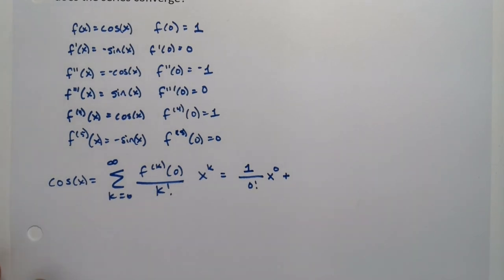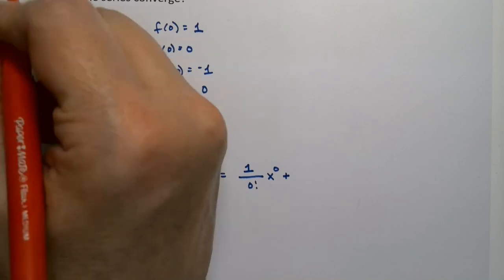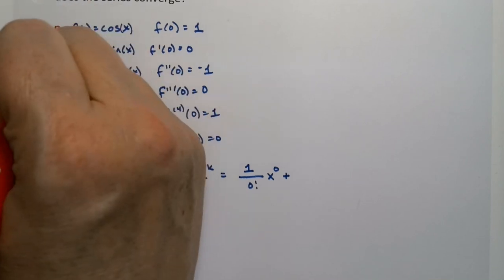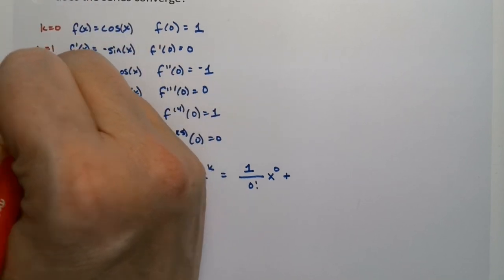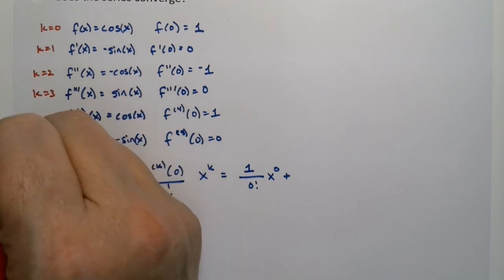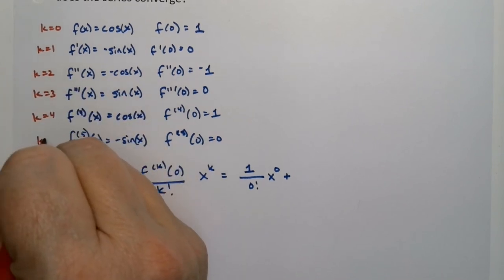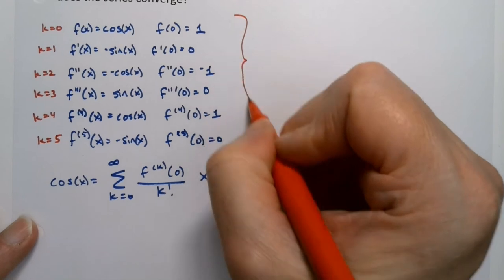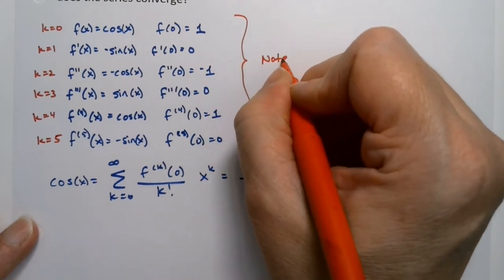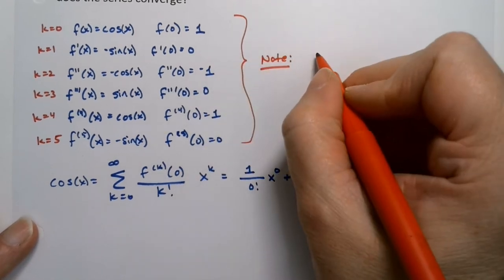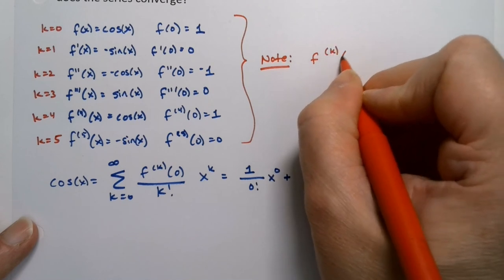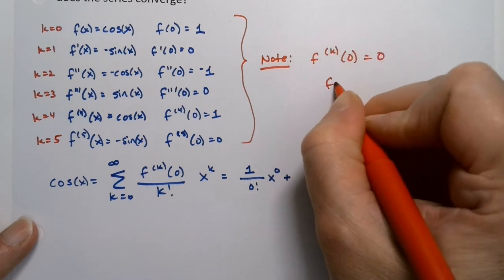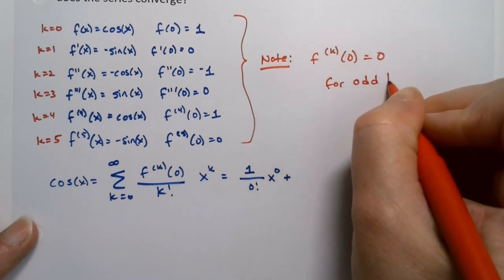So k equals 1 is going to disappear. That's kind of what I was noticing here. So this is k equals 0, this is k equals 1, k equals 2, k equals 3, k equals 4, k equals 5. And we can note that the kth derivative at 0 is equal to 0 for odd k values.